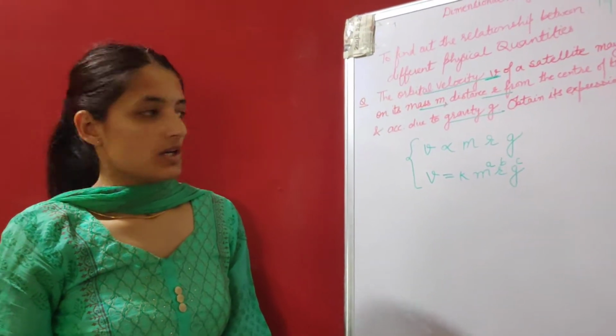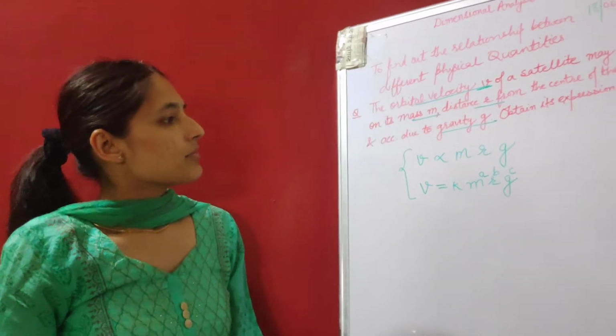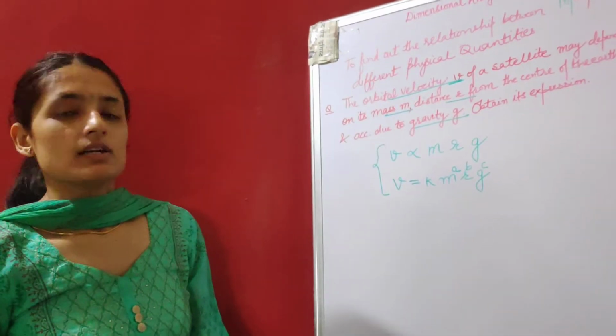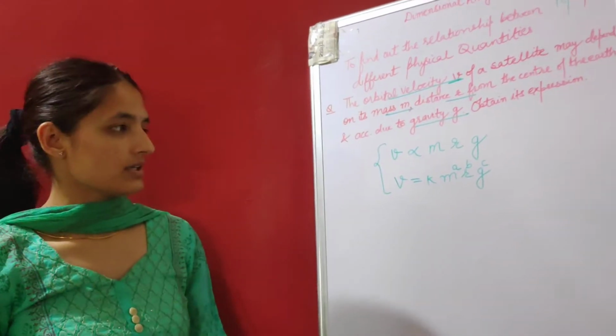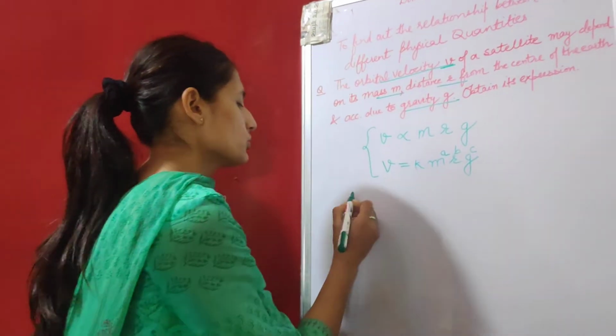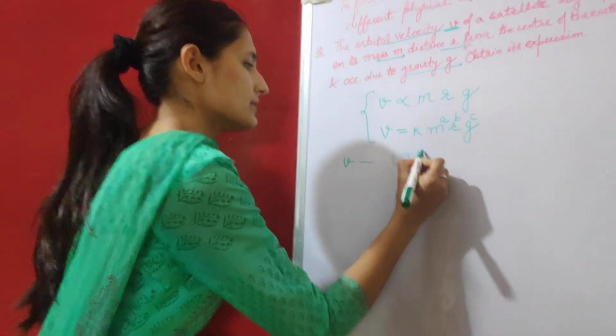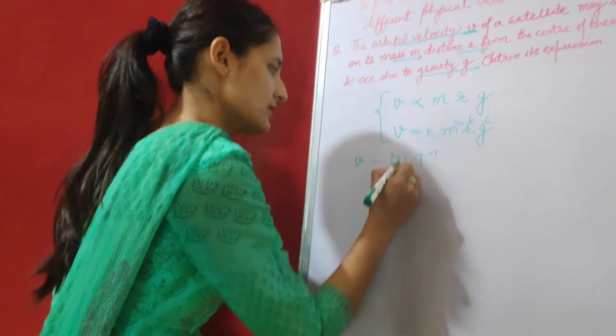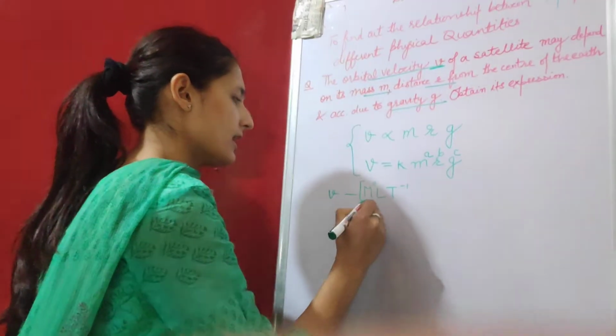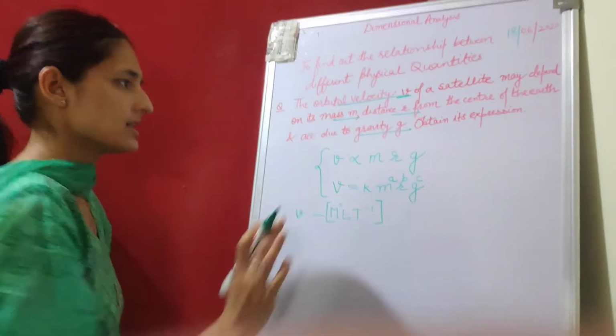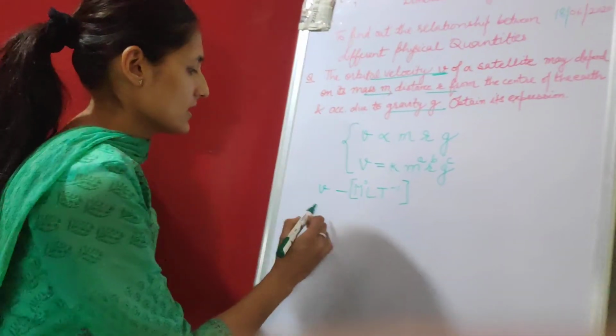Now you know the dimensions of velocity, that is L t minus 1, or more precisely M0 L t minus 1. K is a constant, so no dimensions.